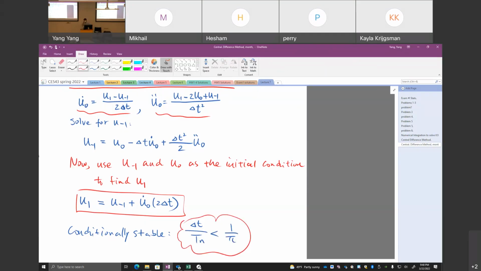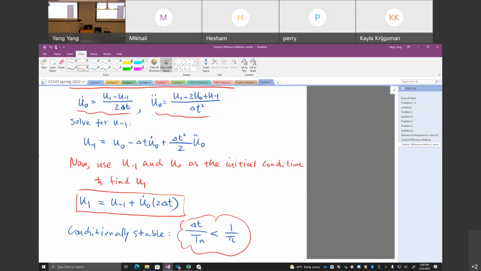Mathematically, this method is stable under one condition: the time step delta t must be smaller than 1 over pi times the natural frequency of the system. That means delta t has to be selected as small as possible.